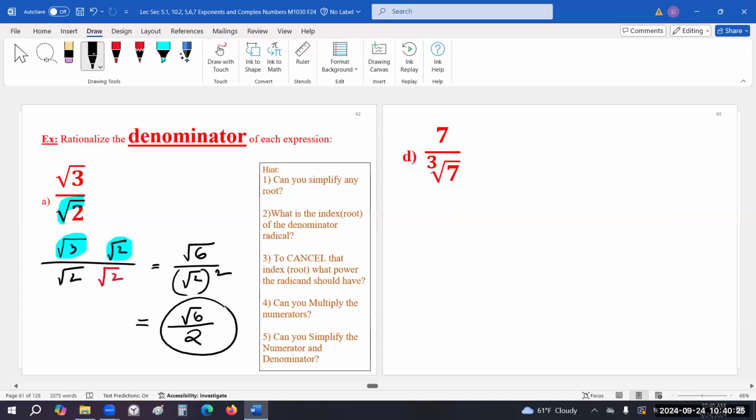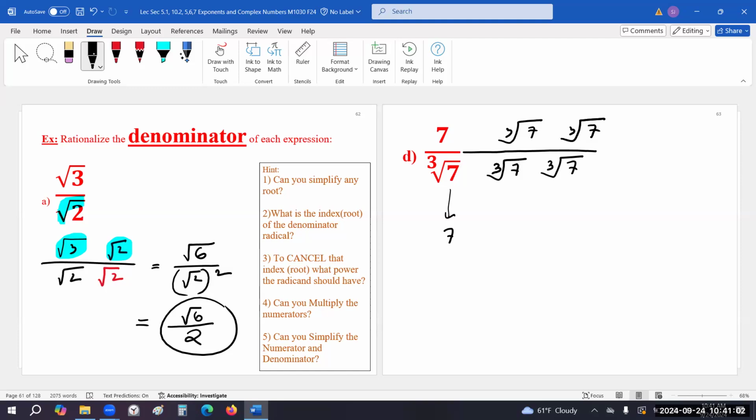The next one is cube root of 7. So we want to keep our 7. But we don't want the cube root. So cube root means 3 times, right? So we are given only 1 time. How many more times do we need to see the same thing? 2 more times, right? So this time we need to multiply cube root of 7 twice.